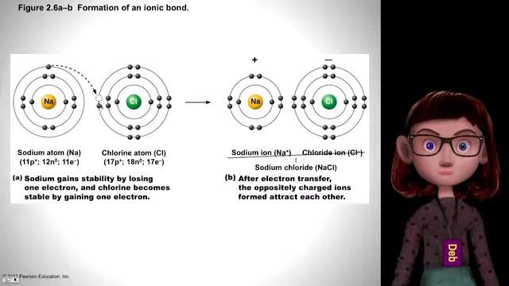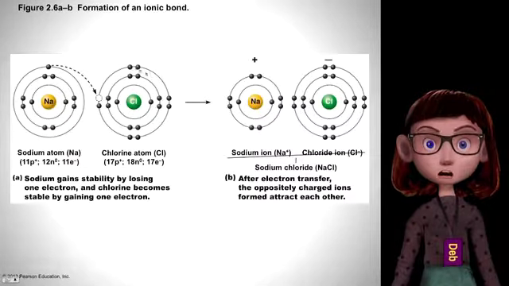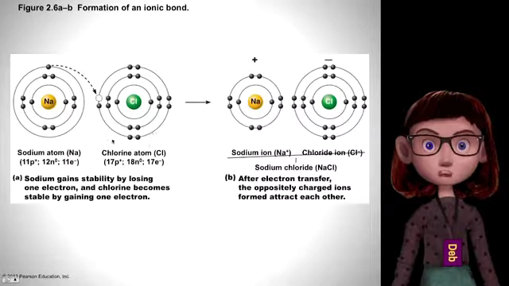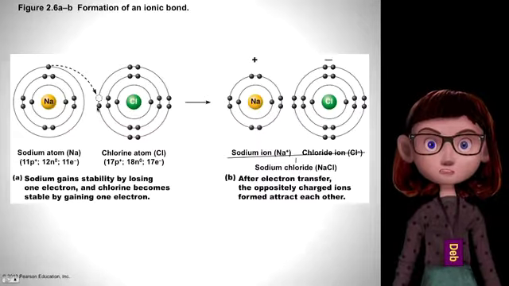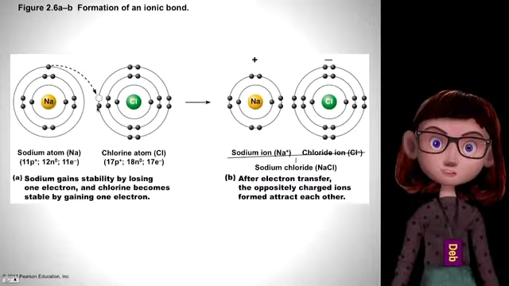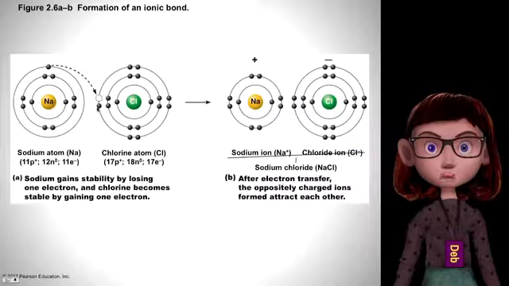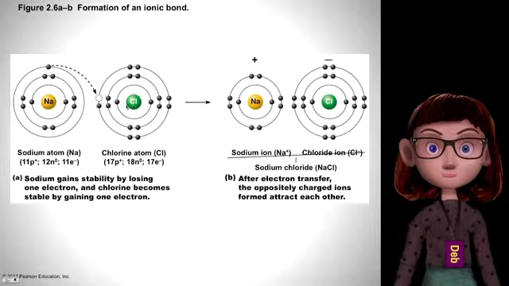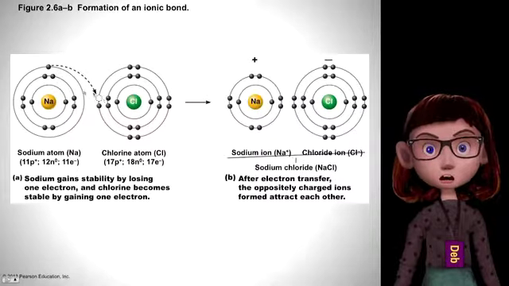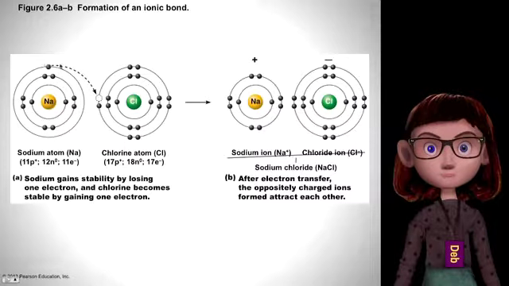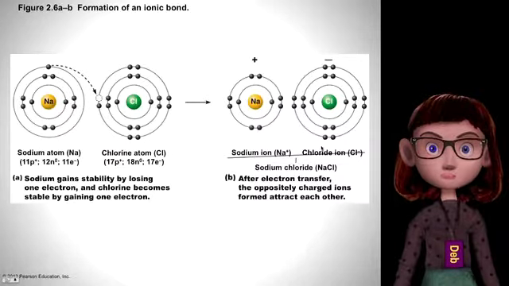There's 10 electrons in these first two shells, and in this third shell out there are 7. 2, 4, 6, 7. The easiest way for that chlorine atom to achieve a complete valence shell is to take an electron, and it often will just accept that electron that sodium gave up. So what this results in is a sodium ion, Na+, and a chloride ion, Cl-.